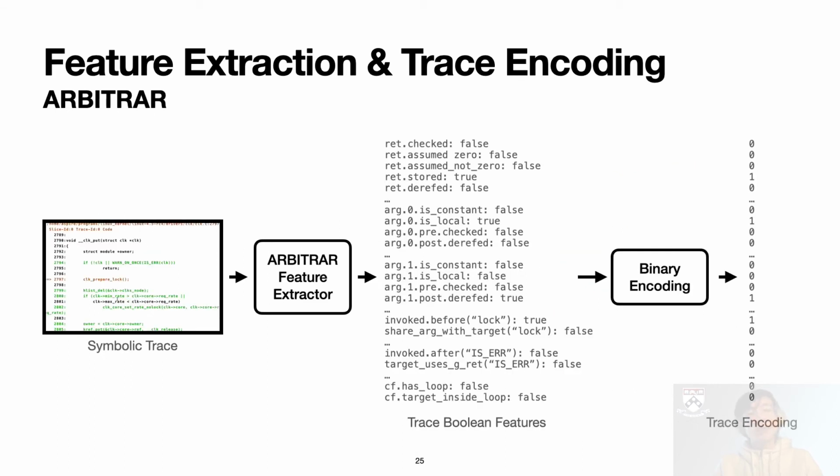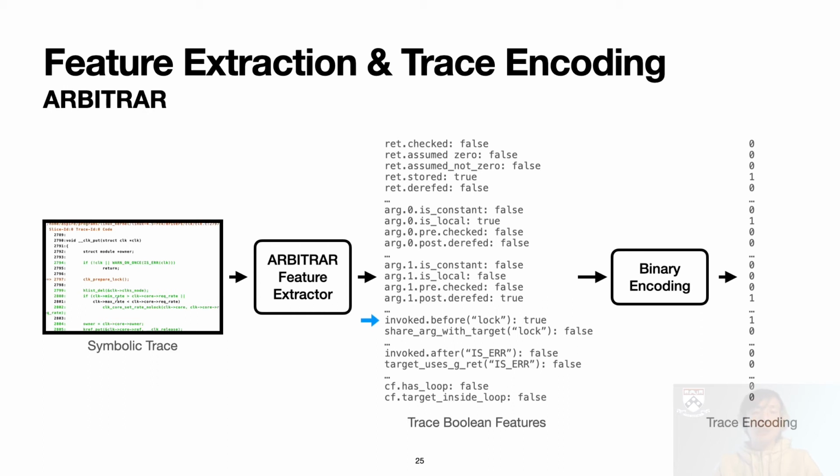The symbolic traces are then passed into the feature extractor to produce Boolean features. The feature extractor analyzes the traces and extracts information regarding a function call and its context. For example, return.checked is a feature telling whether the return value of the target function call is being used in a branch condition. Another example, invoked_before_lock being true, suggests that a lock function is being called before our target API call.